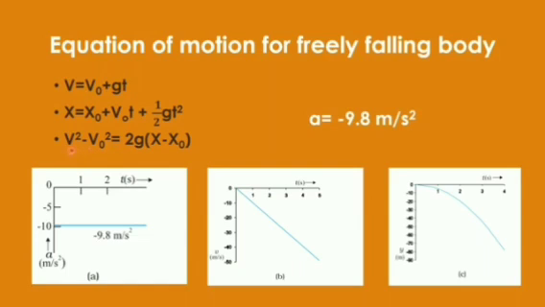Similarly, the third equation can be written as v square minus v naught square equals 2g into x minus x naught. If for the freely falling body I take the negative axis, a equals minus 9.8 meter per second square, then the at, vt and xt graphs can be drawn like this. This is constant, this is again uniform acceleration.